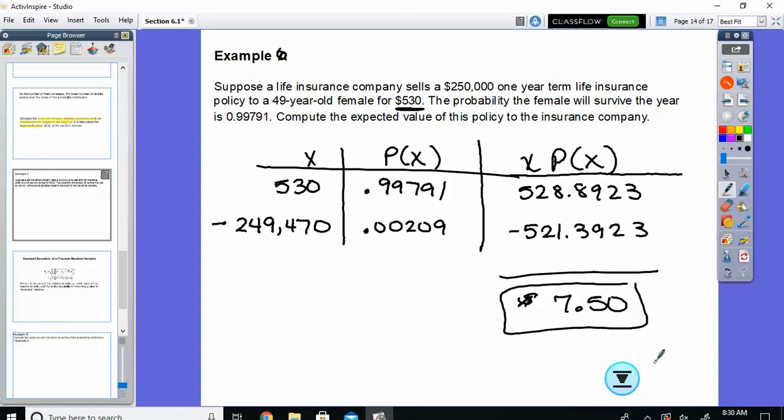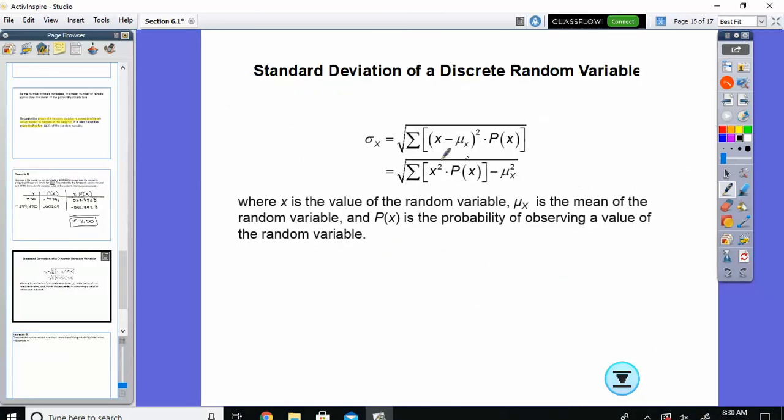The last calculation we need to talk about is standard deviation for a discrete random variable. So it is, again, just on your formula sheet. The calculation, it's a little nasty looking. There are two ways of doing it. You can take each of your x's minus the mean and square that.